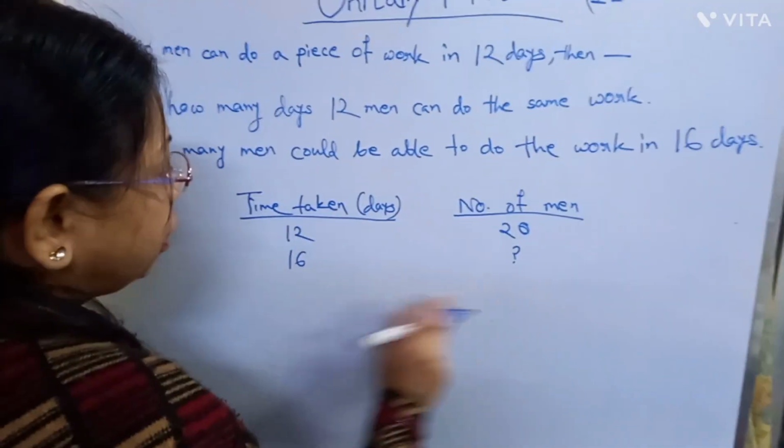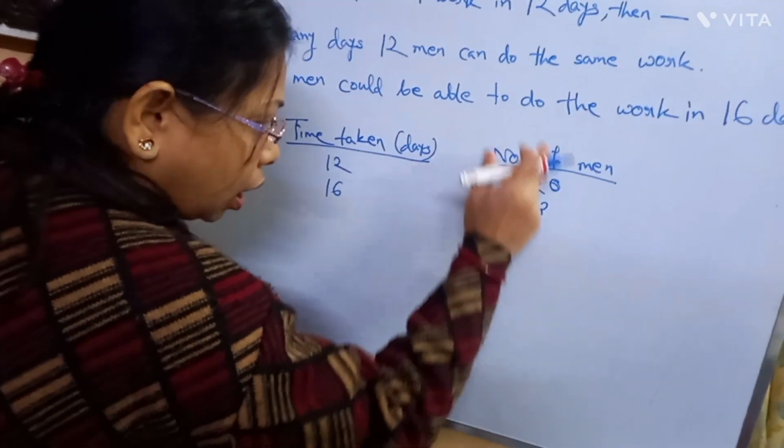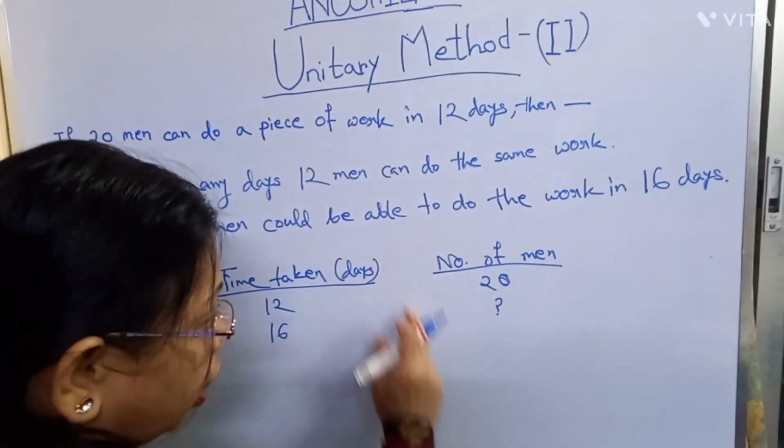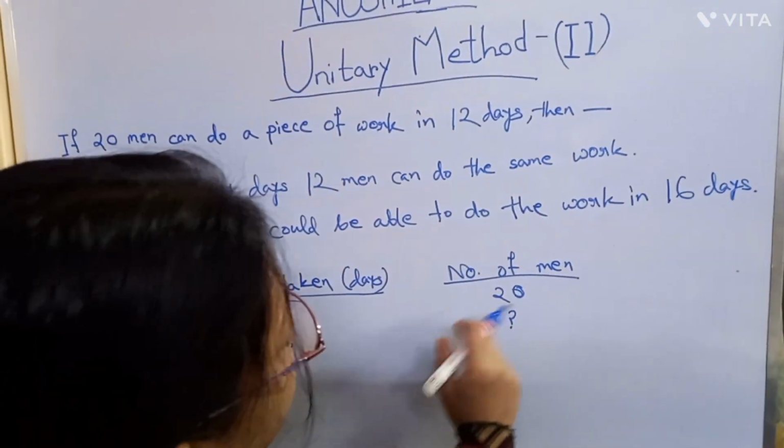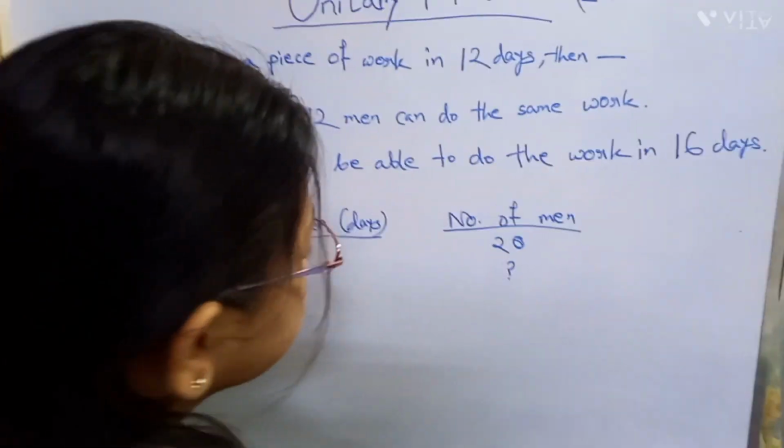In a tabular structure, always put the unknown parameter on the right side.